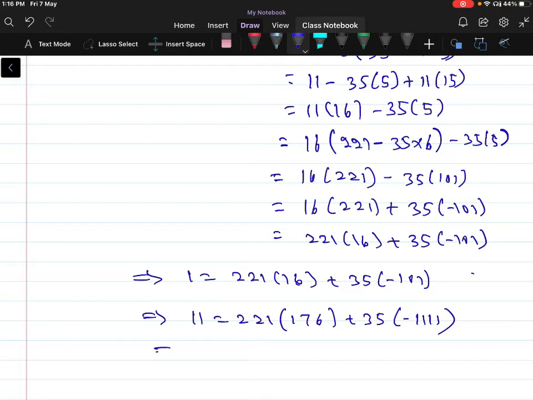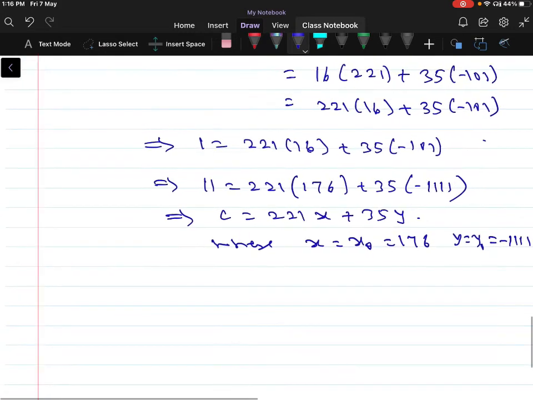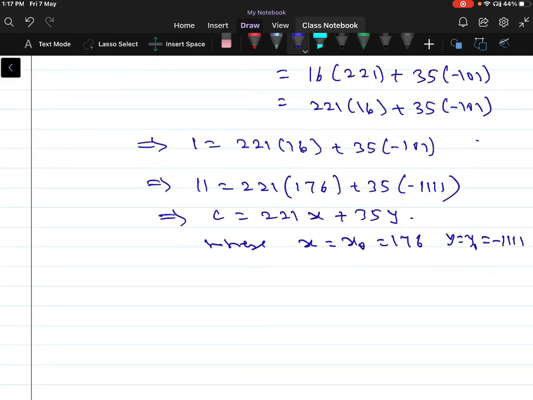So this is of the form C is equal to 221 into x plus 35 into y, where x is equal to x naught, that is equal to 176, and y is equal to y naught, minus 1111. So this is a particular solution of the given Diophantine equation.